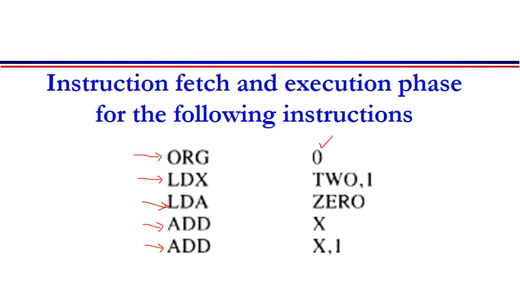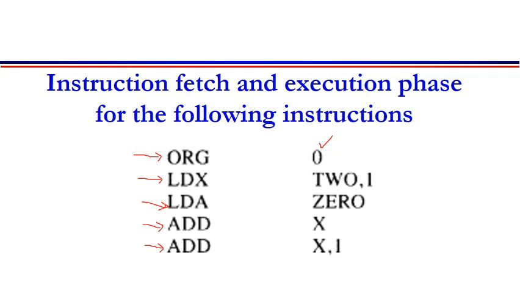The first instruction will be fetched from 0, and then the next instruction will be fetched. So we have written four different instructions. The first instruction is LDX 21, the second instruction is LDA 0, the third instruction is ADD, and the fourth instruction is ADD X 1.